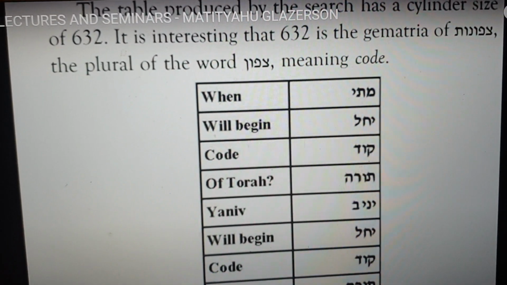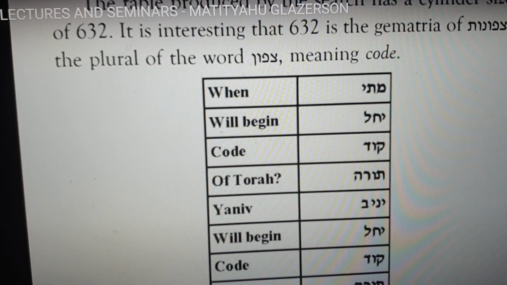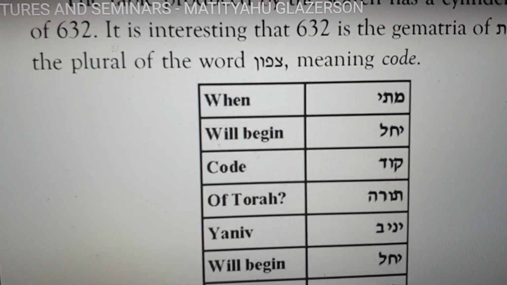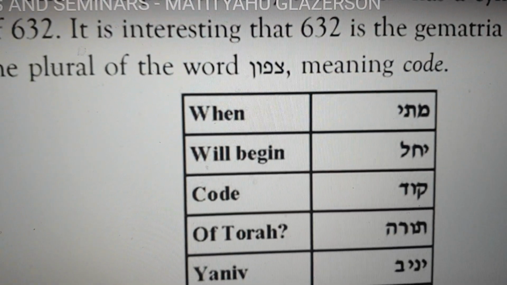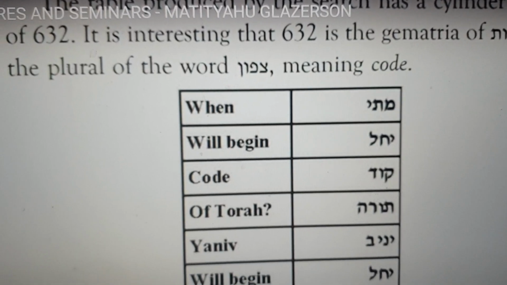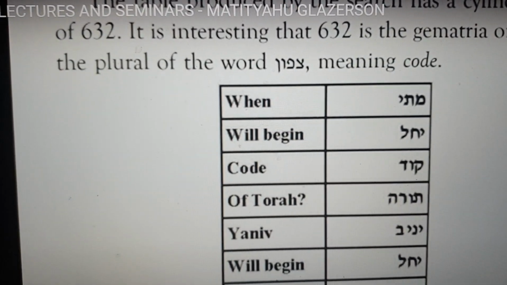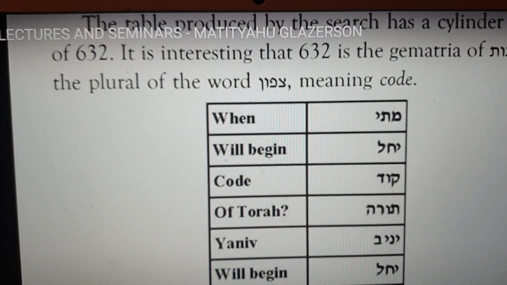Now what you will see in this table are those words, and the skip is 632 from letter to letter. Amazingly, this is the gematria of the Hebrew word codes, unbelievable, which is the plural of the word sofen.